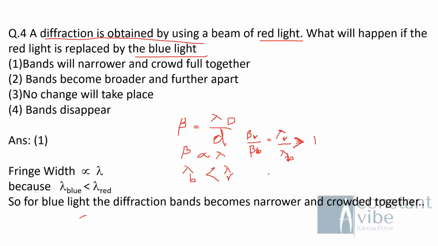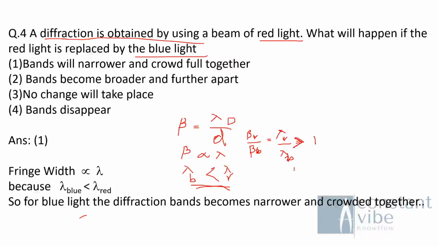See here, the bandwidth of the blue light is less than the bandwidth of red, so the fringes are close together, maximum close. Blue light comes together and makes it narrower.